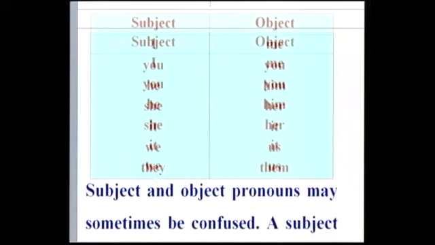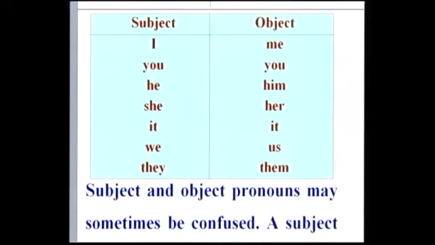Subject and object pronouns may sometimes be confused. يعني إيه؟ It sounds very simple. You might tell me we do not confuse object pronouns and subject pronouns. لكن هنشوف مع بعض ازاي.